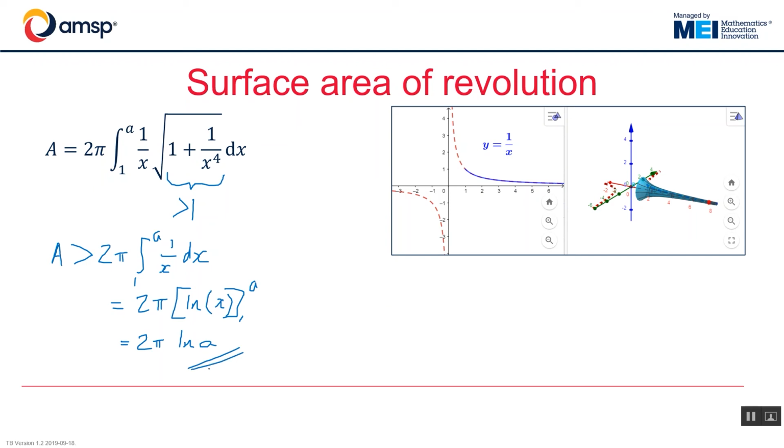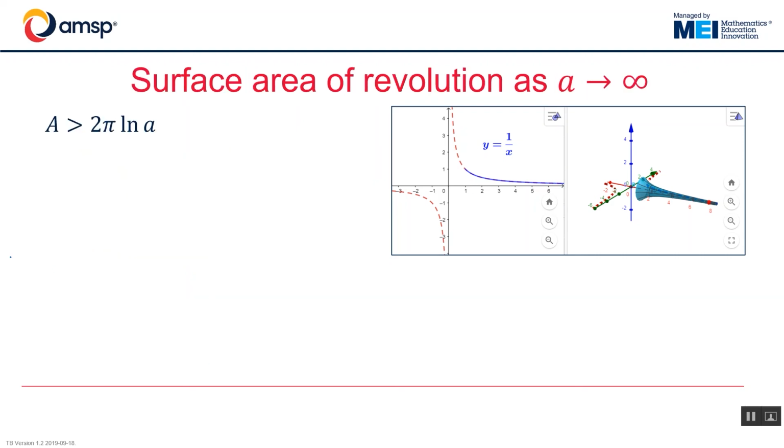Now this gives me something that I can think about what happens as it tends to infinity. I know that my area is bigger than 2 pi ln a.